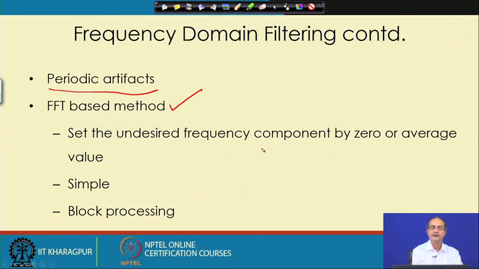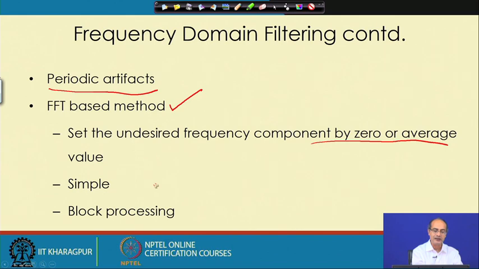Then, as we get the different frequency components, we set the values of the undesired frequency components to 0, or if we feel that setting them to 0 would change the spectrum, then we take the nearby values and replace them by the average of the neighboring frequency components, and that is how the elimination of the noise takes place. Then we do the inverse transform and we get back the time domain signal.